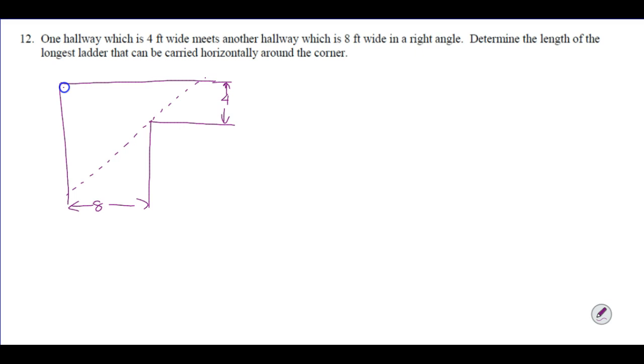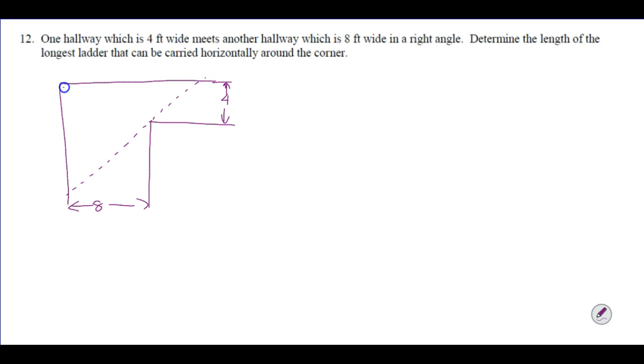Because I'm walking the ladder straight, and then we turn it, it's like getting a sofa through the same deal. Anybody who's moved any furniture knows this problem. So we have to be able to turn it, get it on an angle, such that when its length is here, it can flatten out and go around. We need the longest ladder.